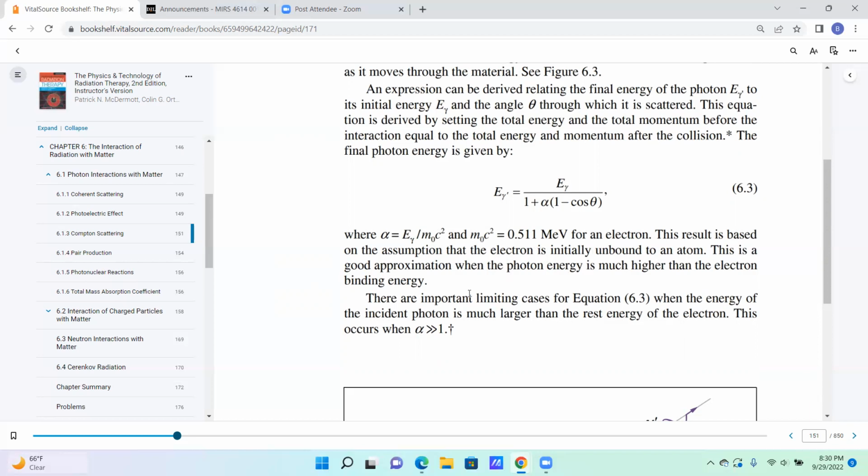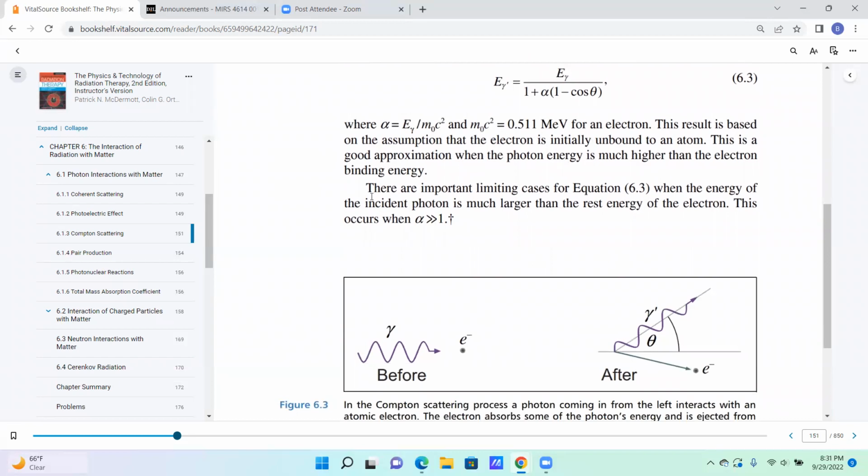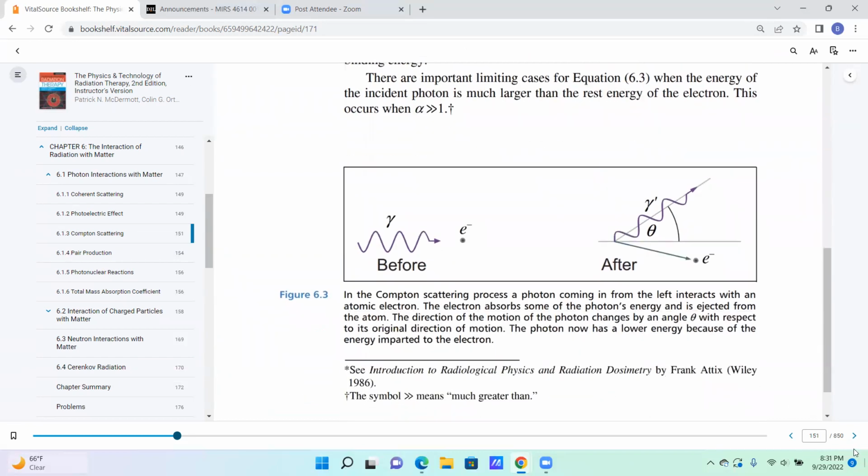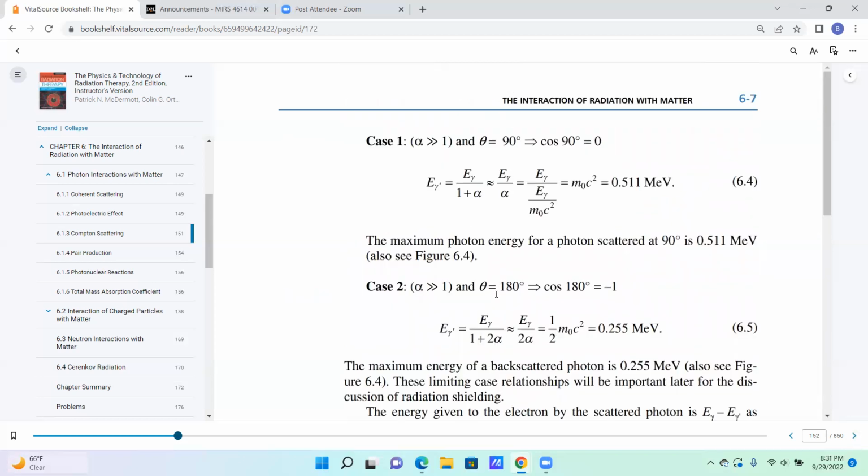So there are important limiting cases for this, when the energy of the incident photon is much larger than the rest energy of the electron. And that occurs when alpha is much, much greater than 1. So if alpha is much, much greater than 1 and theta is equal to 90 degrees, then the cosine of 90 degrees is equal to 0.